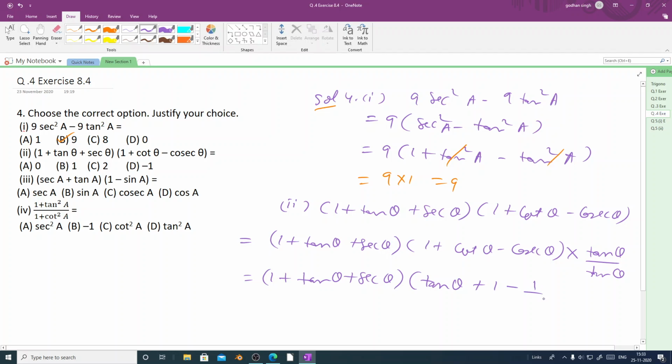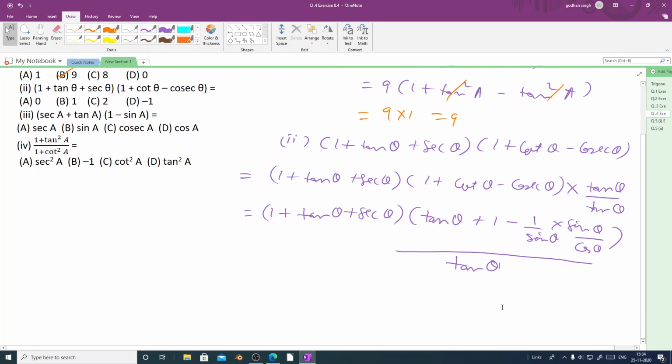Cosec theta is actually 1 by sin theta, and tan theta is sin theta by cos theta, and the whole divided by tan theta. So this is what we are getting, and here what we'll get is this sin theta and sin theta will be cancelled out.